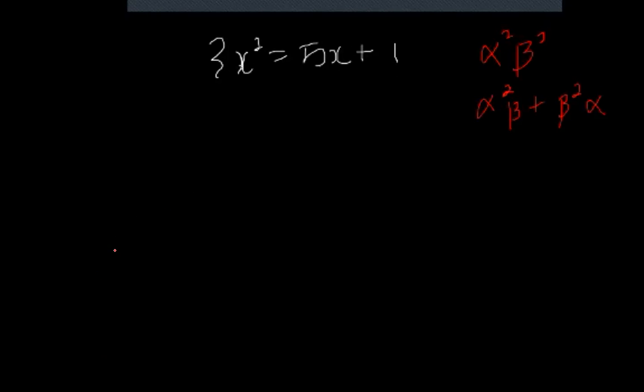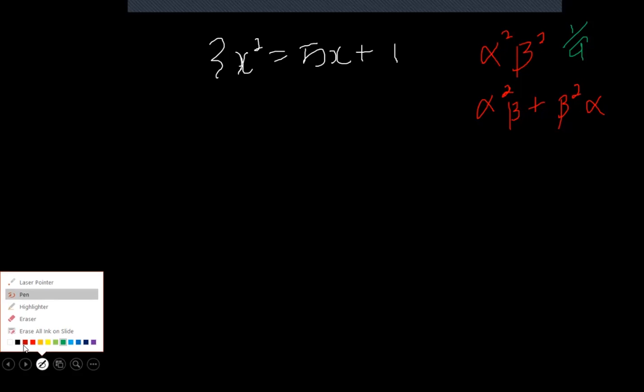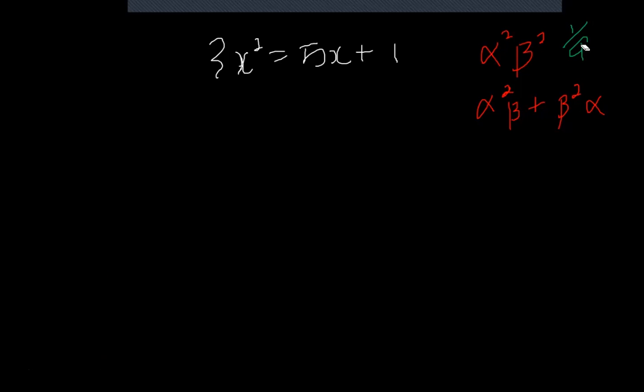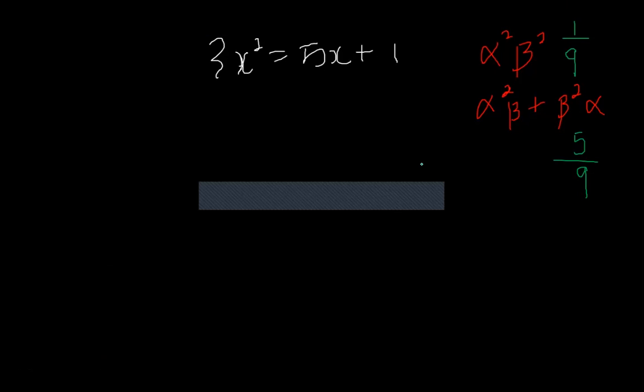I got alpha squared beta squared as 1/9 and alpha squared beta plus beta squared alpha as 5/9. Yeah, same as well. All right, so that's 2 people. Anybody else got these answers? I'm nearly done, miss. Just in the last part.